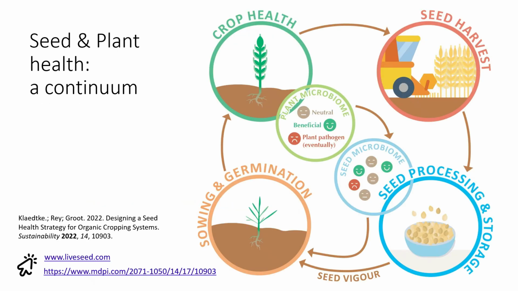Indeed, I'd like to stress that seed quality is affected all through the growing cycle, as represented here in a diagram designed by Wageningen University and Research in the Netherlands and ITAB in France as part of the LifeSeed project. Healthy, well-nourished seed crops will give healthy, vigorous seeds, provided that seed harvest practices are adequate and that care is taken during seed processing and storage.